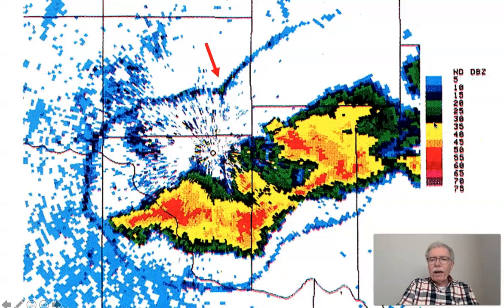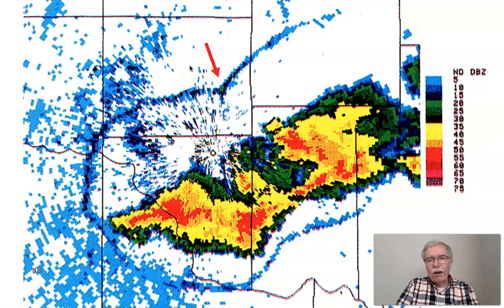But let's see what happens when you have two cells that produce outflow boundaries. In this case, we have two adjacent cells, each producing a boundary, and the arrow is pointing to a third cell in its very earliest stage of development. Why is it there?